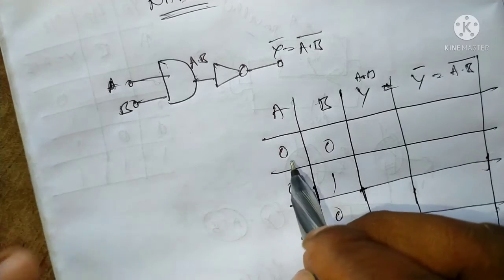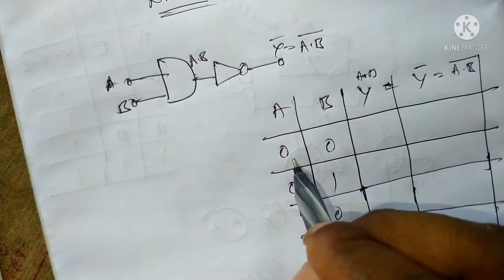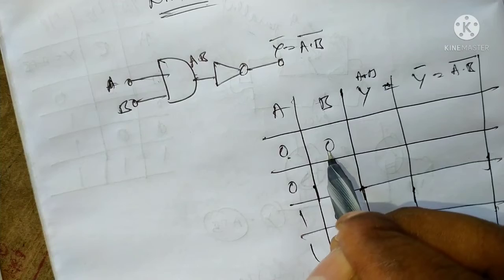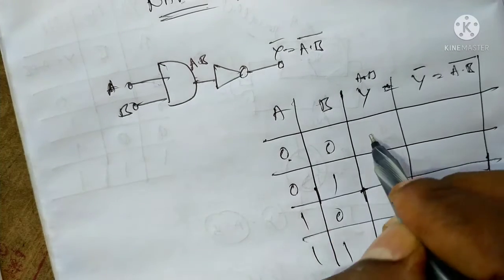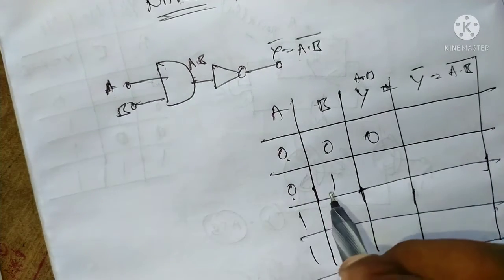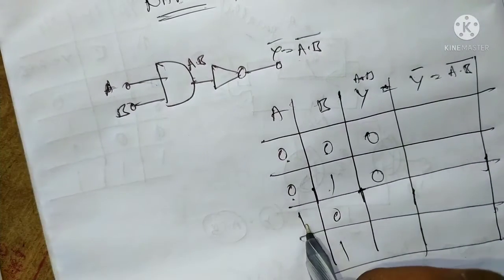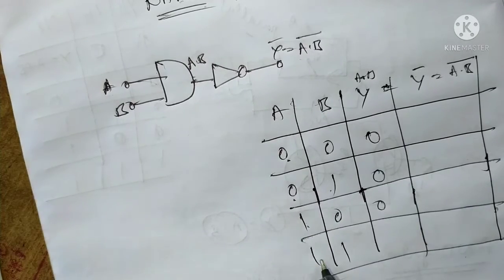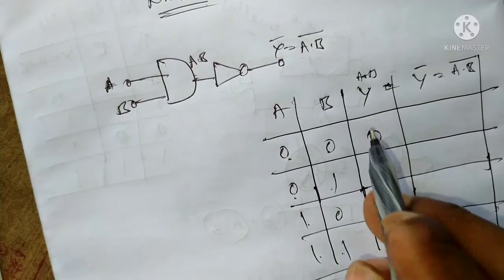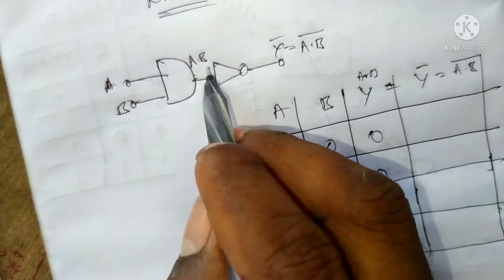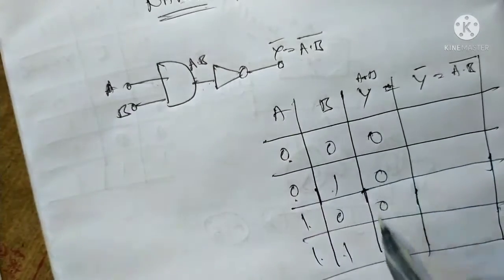It is a dot product: 0 into 0 is 0, 0 into 1 is 0, 1 into 0 is 0, 1 into 1 is 1. It is only the AND gate operation up to here.